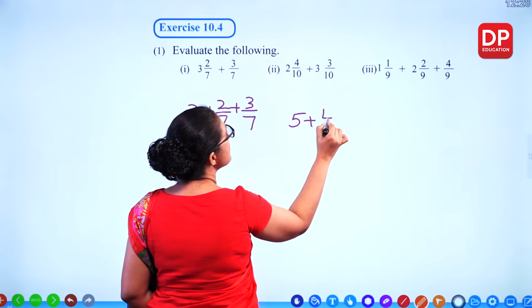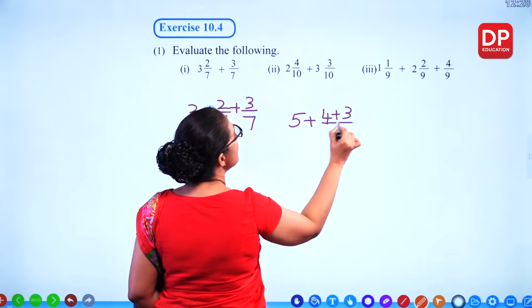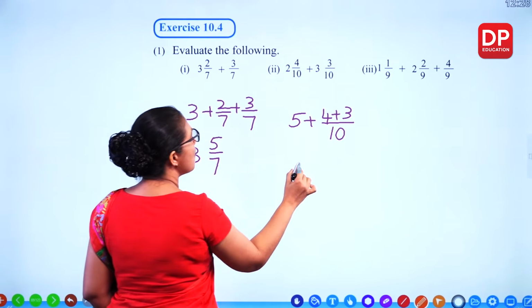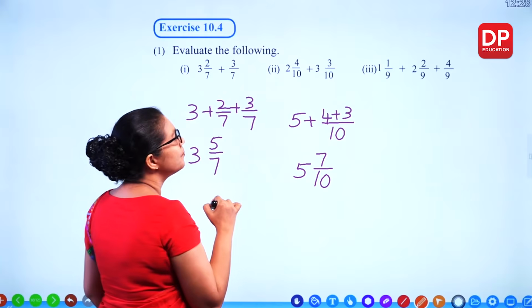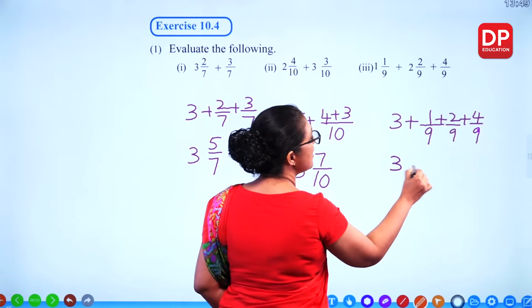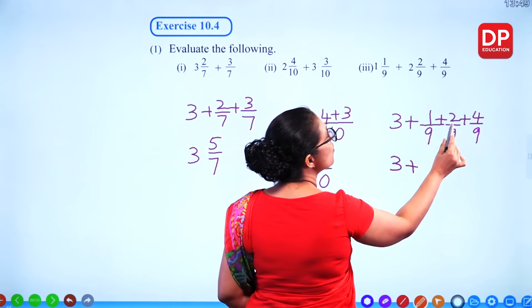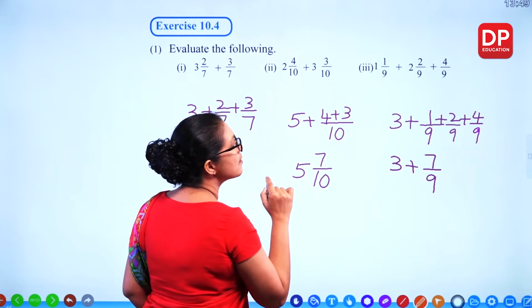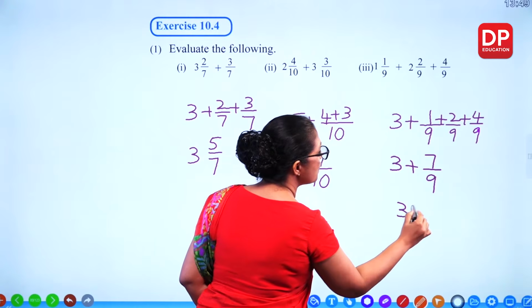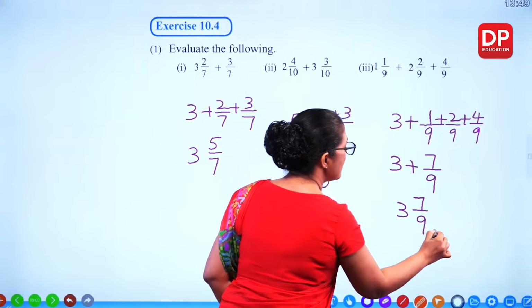Now add the fractions separately. 4 and 3. Denominator is the same. 5 and 7 over 10. This one, 3. 4 plus 2, 6. 6 plus 1, 7. 7 over 9. So you can write 3, 7 over 9.